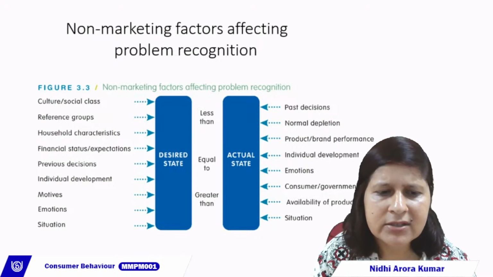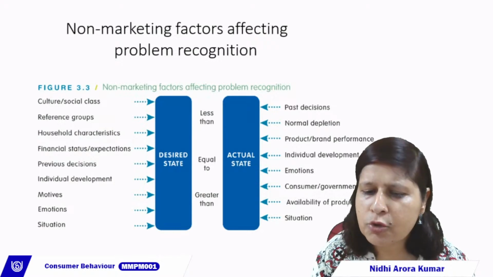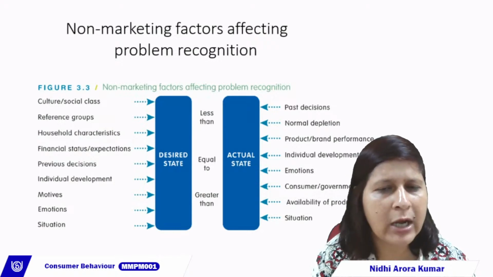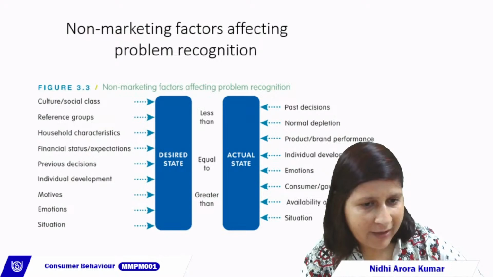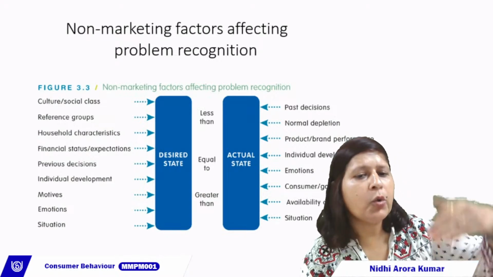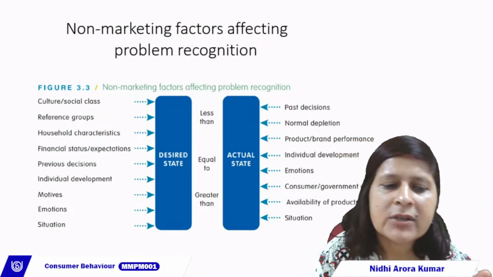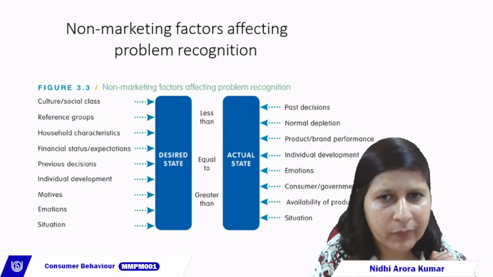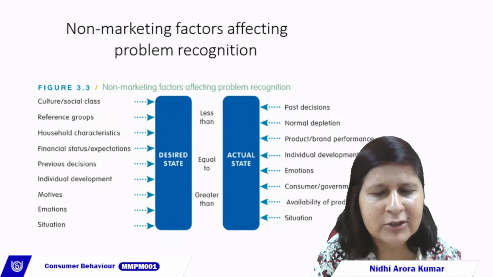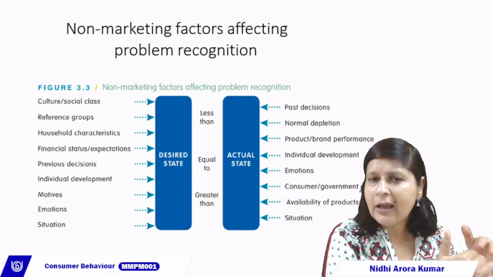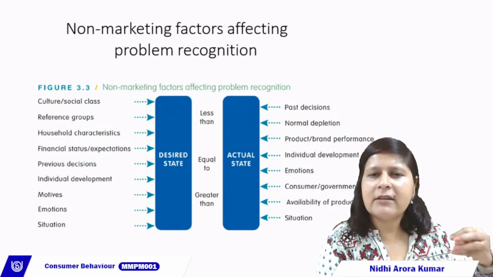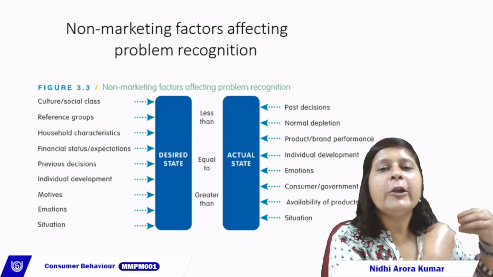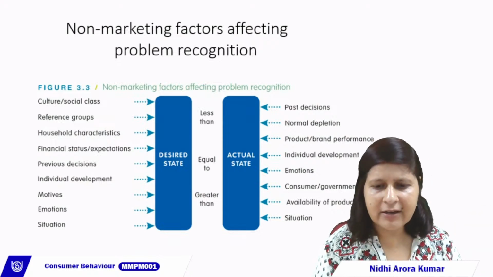In the desired state, there are culture and social class; we would like to maintain a class, or we may want to upgrade our class. It could also be the reference group, which impacts our desired state. A reference group is one whom we take as a reference, or whose group we would like to be part of.